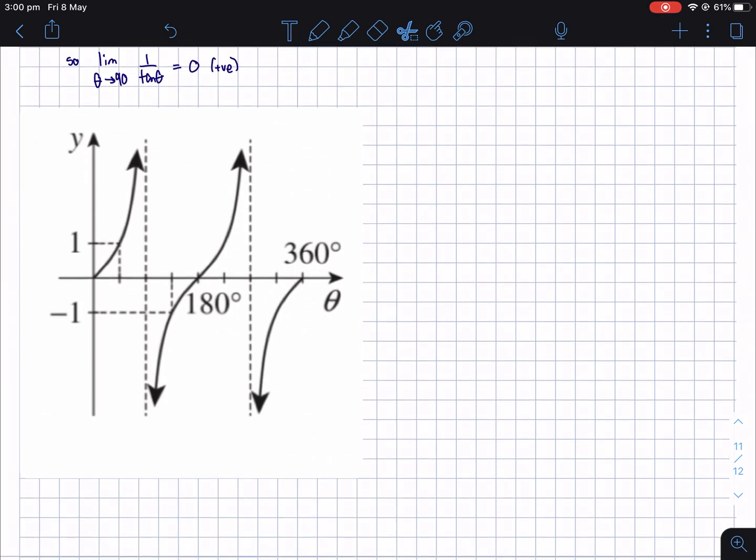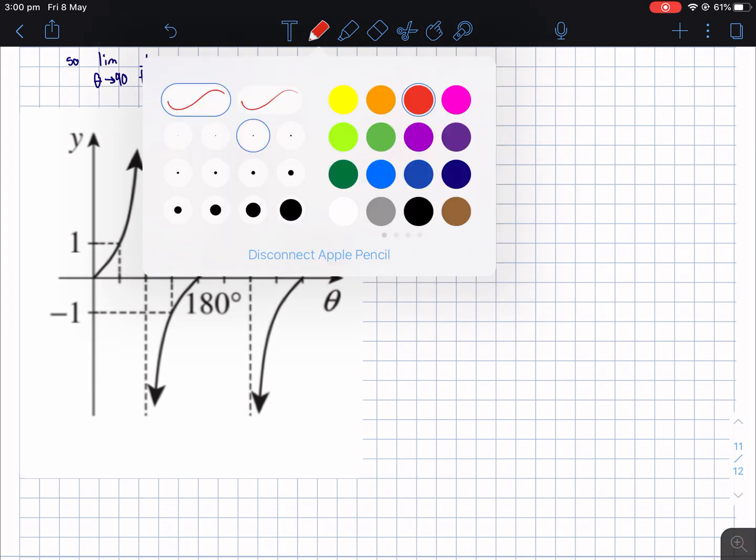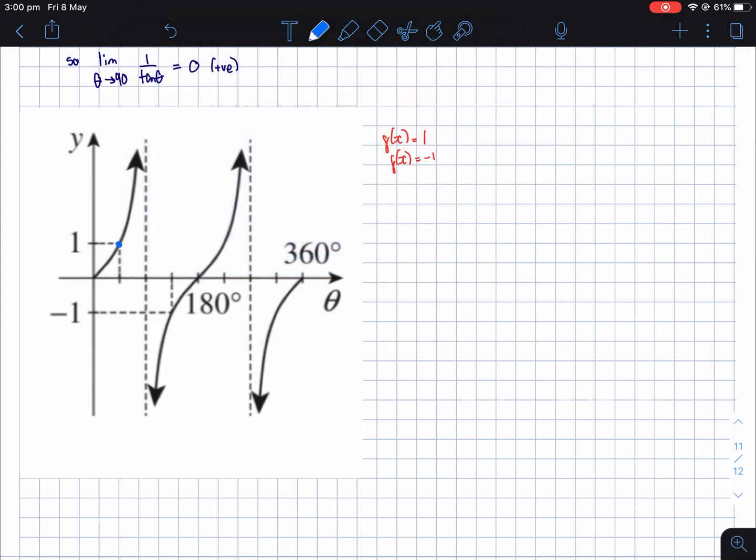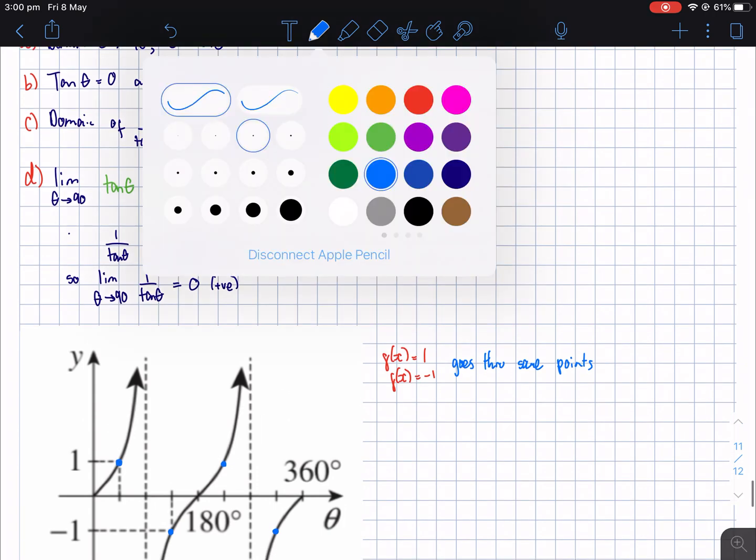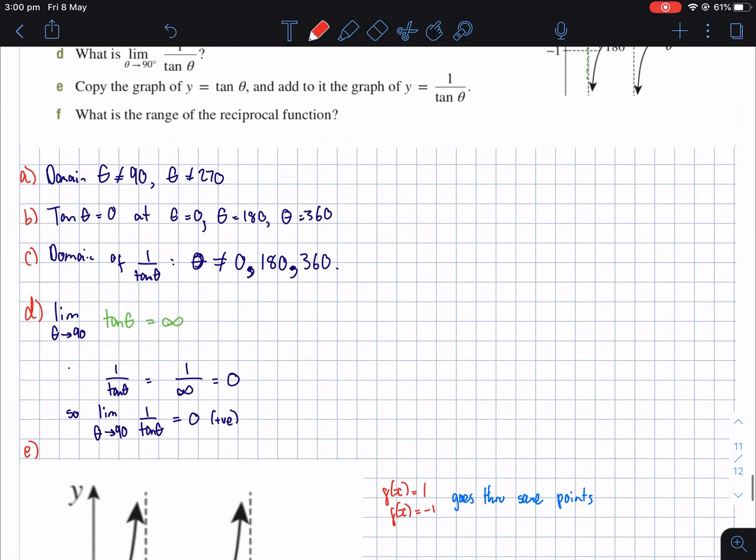As usual, we're looking for when f of x equals 1 or f of x equals minus 1, because we're going to be at the same points. So we're going to go through here, here, here, here, the same points. So this is question E, I believe.